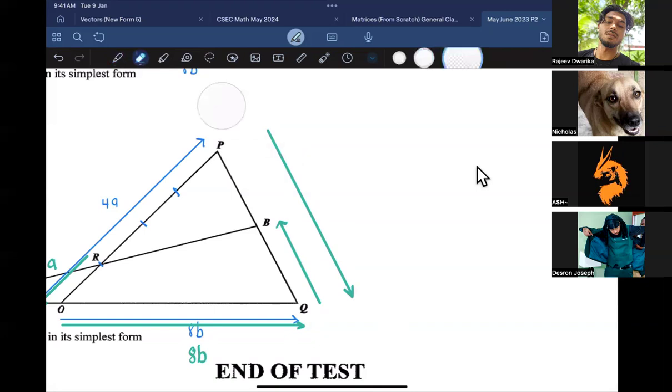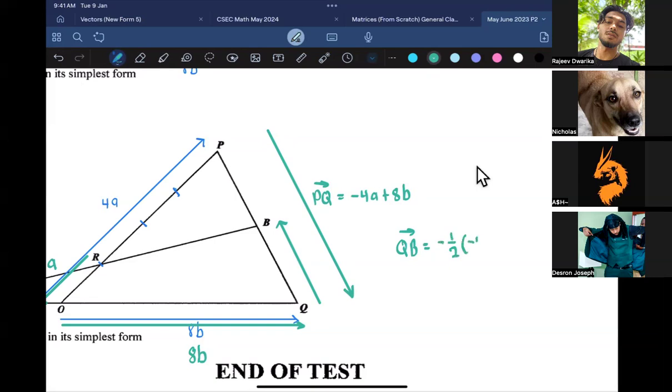Negative half, because it's in the opposite direction. P to Q was minus 4A plus 8B. Q to B is half the journey, but in the opposite direction, so we're not just gonna put a half, we're gonna put minus a half of minus 4A plus 8B, which is the full journey, P to Q.